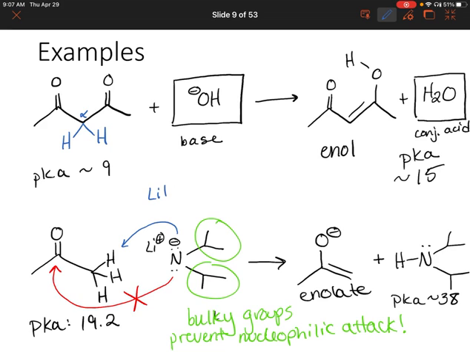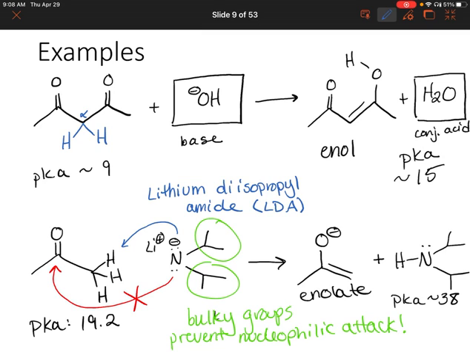So again, this is called lithium diisopropyl. So we have 2 isopropyl groups, and then amide. And we can actually abbreviate this as LDA. So this is a really good base to use for alpha carbon chemistry because you'll preferentially take an alpha proton.